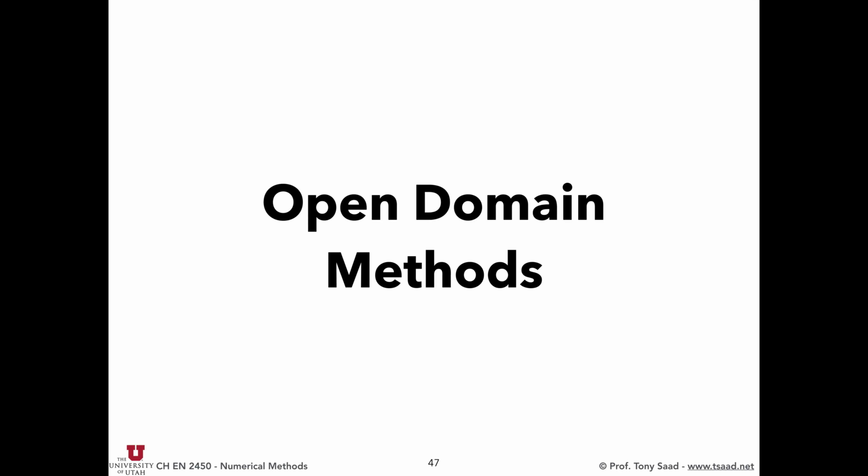The next set of methods we will look at are open domain methods. And like I said earlier, these methods are based on just choosing an arbitrary initial guess, not necessarily bracketing a root, compared to closed domain methods, and just trying to converge to the root. If you remember, with closed domain methods, we had to be sure that our initial guesses bracketed the root.